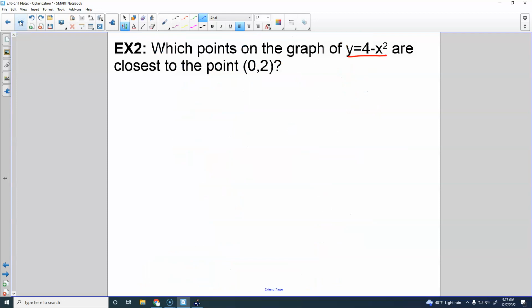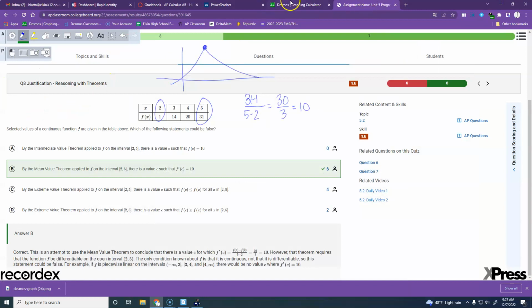Okay, so this is just like a purely mathematical problem here. Which points on the graph of y equals 4 minus x squared are closest to the point (0, 2)? So I'm going to graph this on Desmos just so we can get a picture of what it looks like.